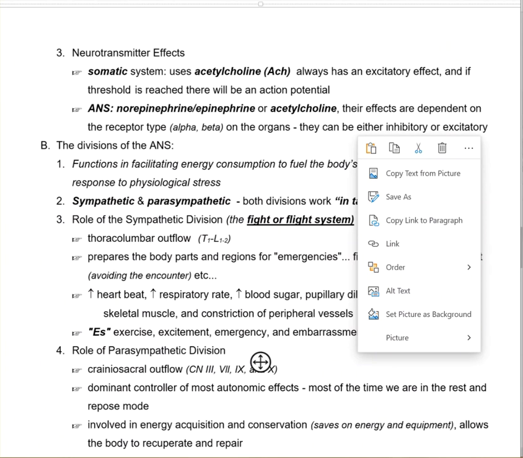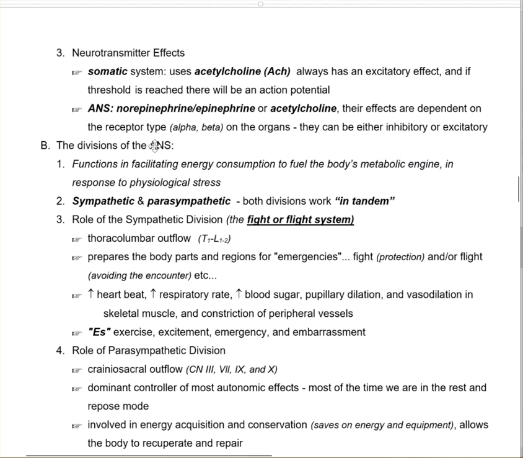Okay, we're going to talk about neurotransmitters for a second. I just had mentioned that there was a synapse and that we went from electrical to a chemical signal. We'll talk a little more about these towards the end of this section. Neurotransmitter effects. So in the somatic system, we mentioned before that we use acetylcholine, and it's always excitatory. All right.